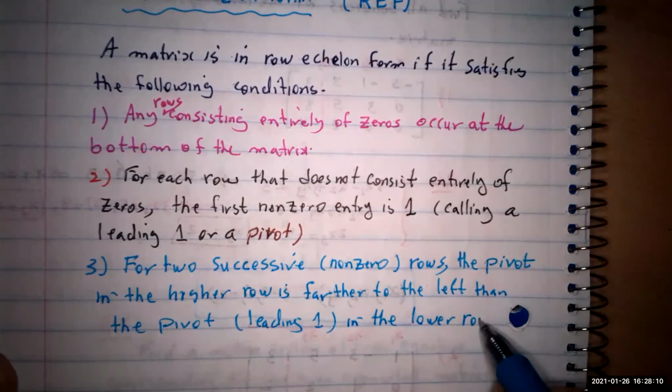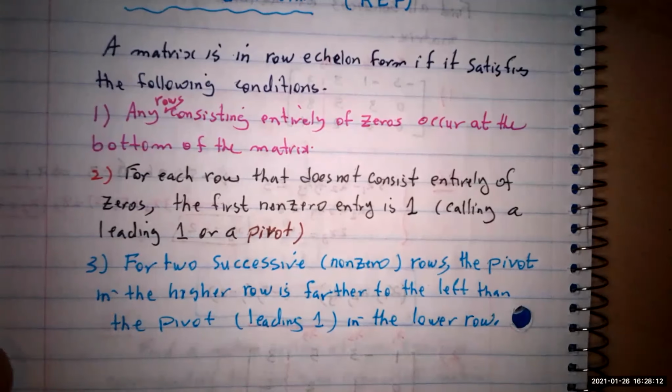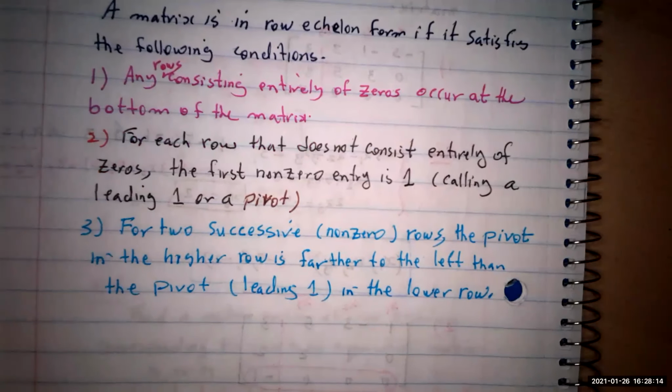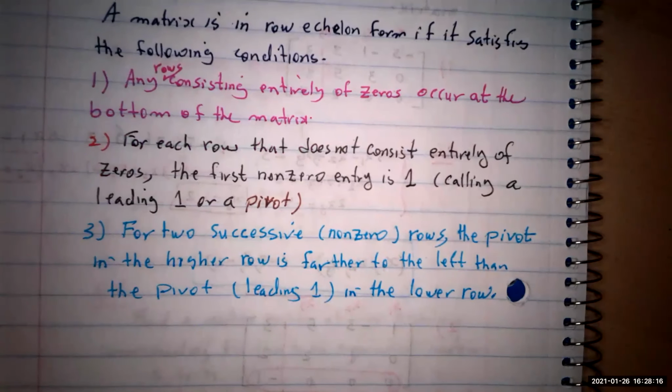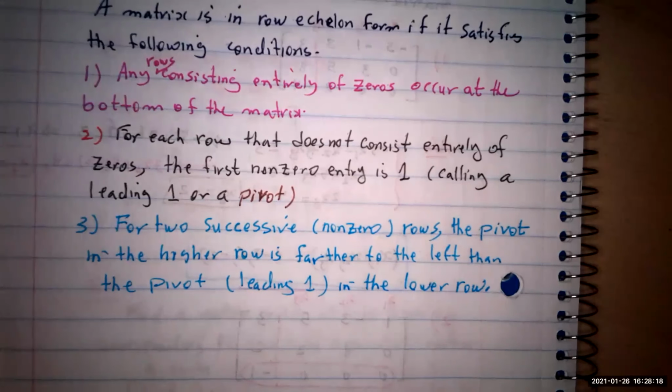So the top leading one is to the left, and the bottom leading one is to the right. That's the order that we're going to have. So this is the row echelon form.